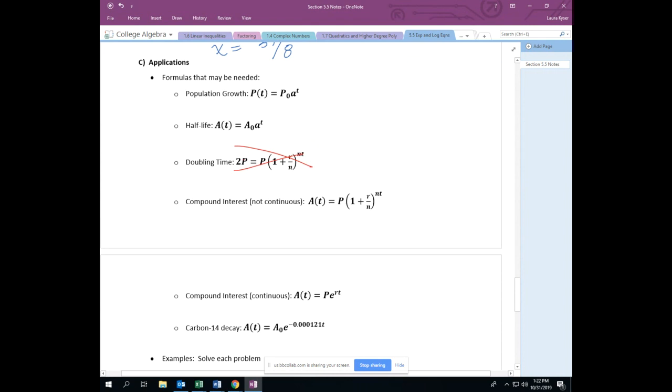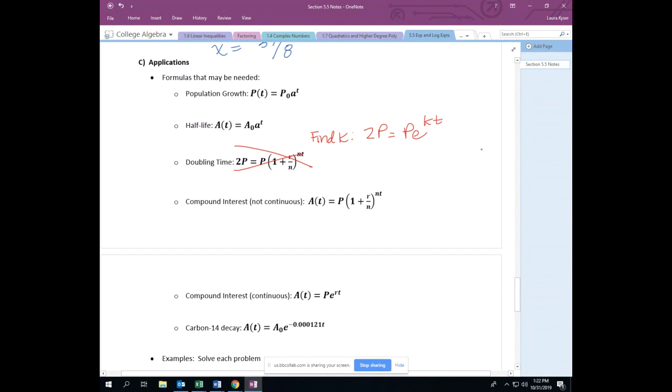And the first one is the one that we use to find the doubling constant, K, which you need for the formula. The second one is the one that you're going to use to actually solve the problem. So to find K, you use the formula 2P equals P e to the KT power.